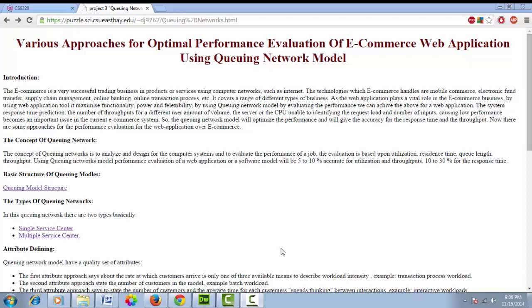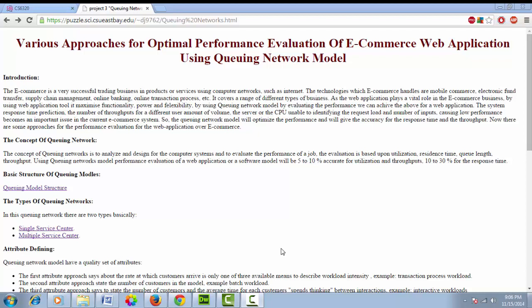What are they? Utilization, residence time, queue length, and throughput. Using queuing network model, performance evaluation of web application or a software model will be 5 to 10% accurate for utilization and throughput, and 10 to 30% accurate for response time.